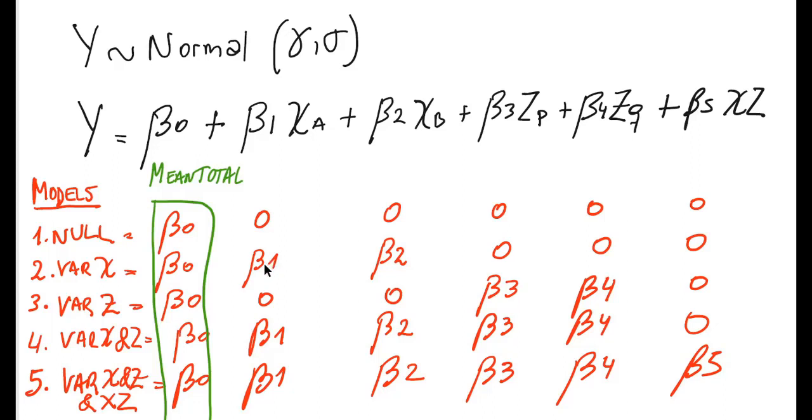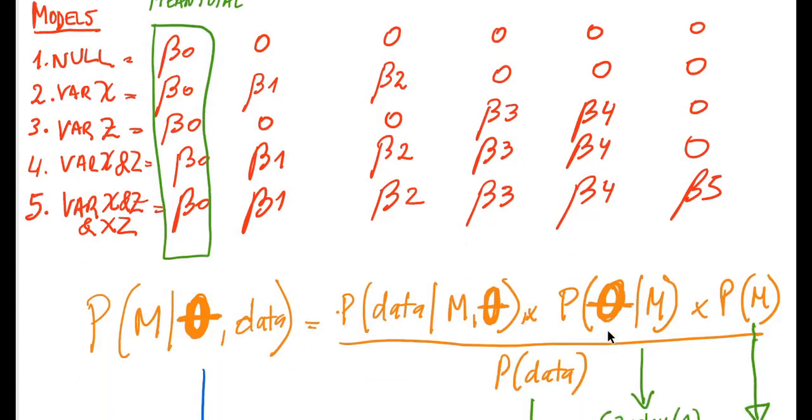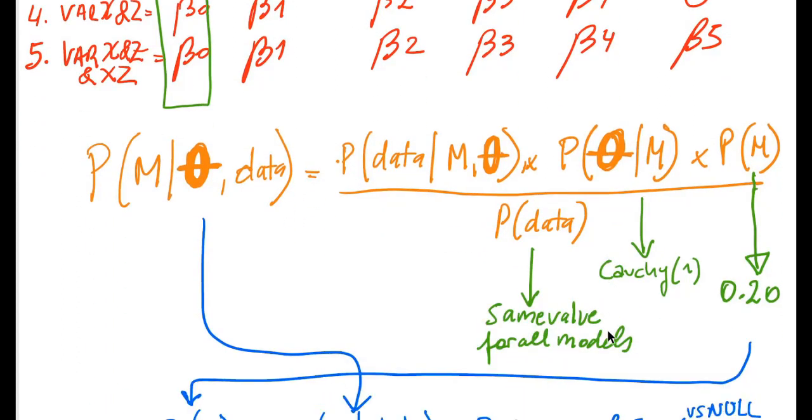So if beta 1 is estimated, then beta 2 will be beta 1 times minus 1. And if beta 3 is estimated, then beta 4 will automatically be beta 3 times minus 1. So in a sense, we've got only beta 1, beta 3, and beta 5 to estimate. Now, that's still in the traditional realm of things. So now we move to the Bayesian.